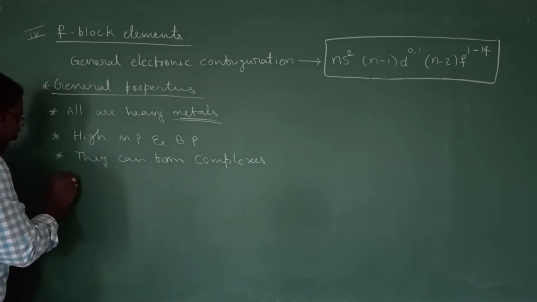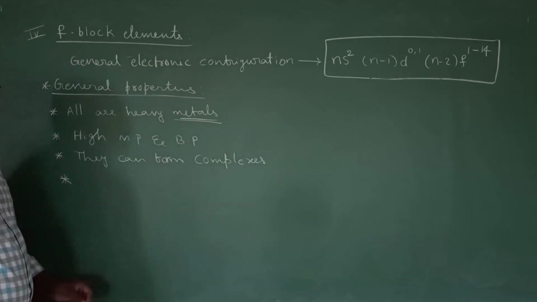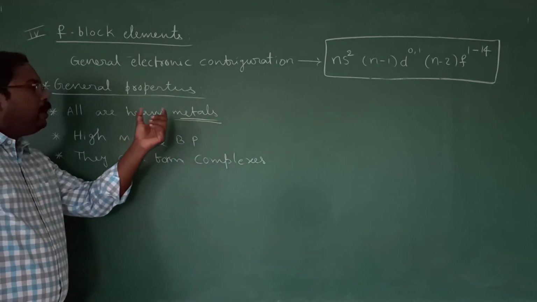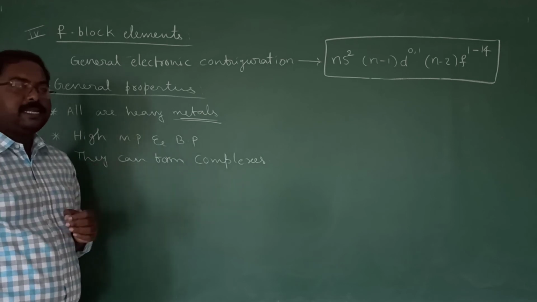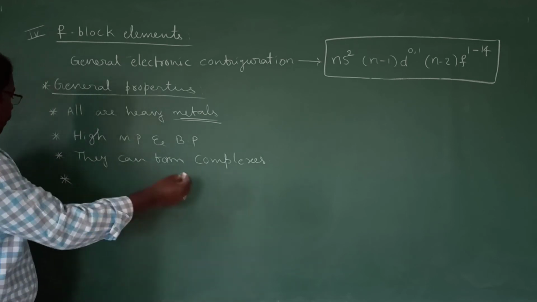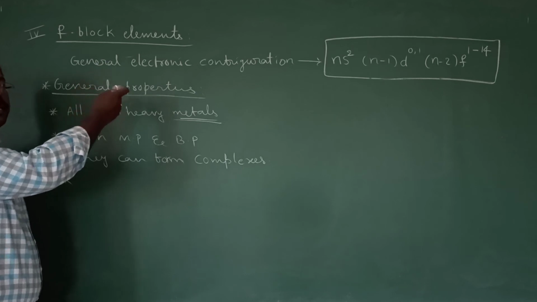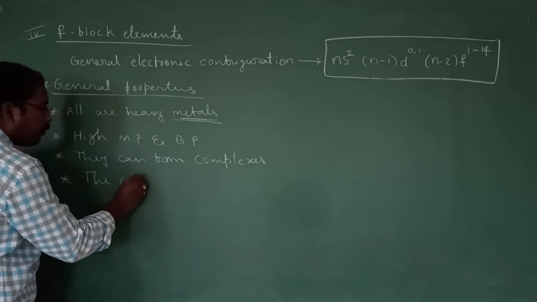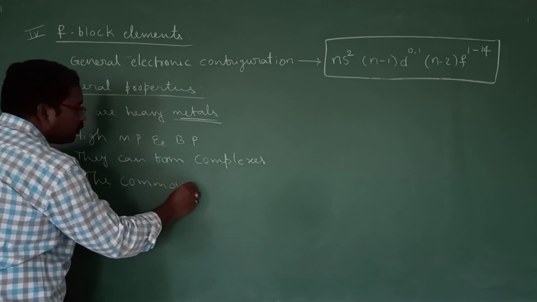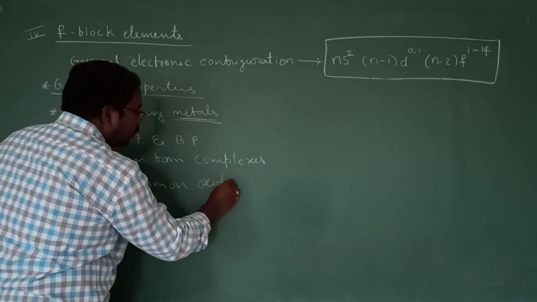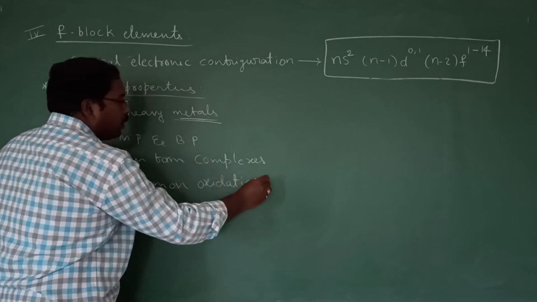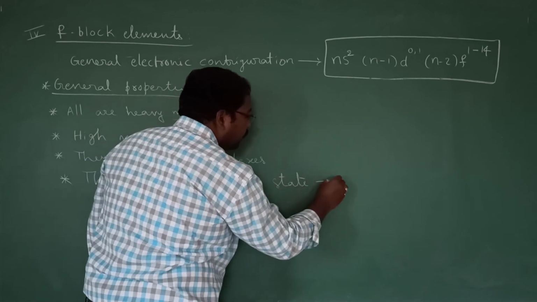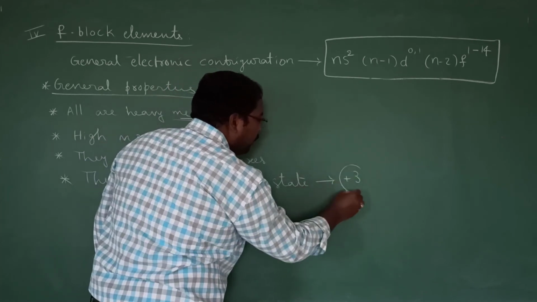But the important point we need to remember about these F block elements is that, when compared to D block, they don't show variable oxidation states. D block elements show more variable oxidation states, while F block show less tendency, but the common oxidation state of these elements is plus 3.